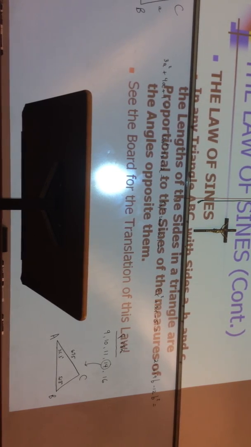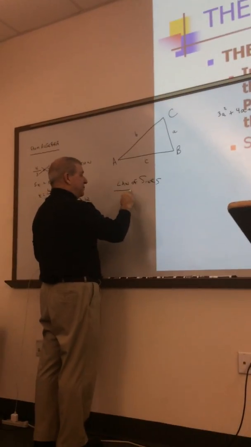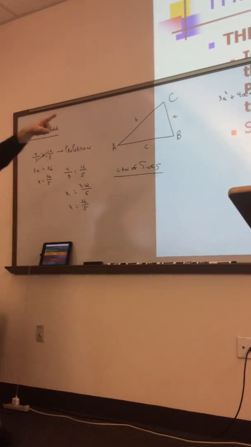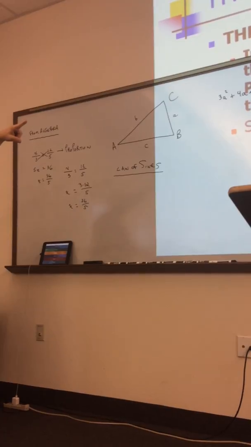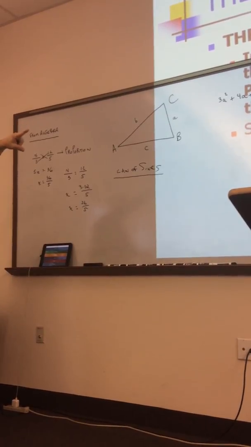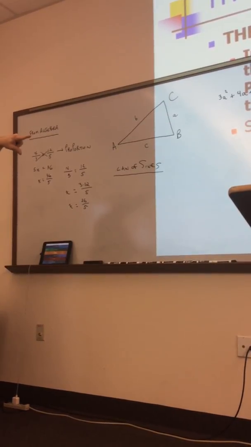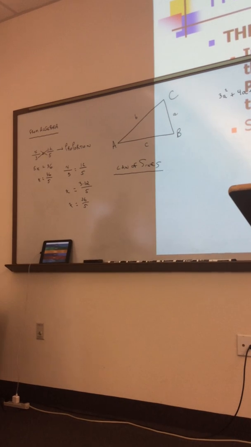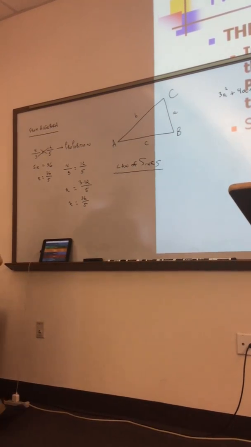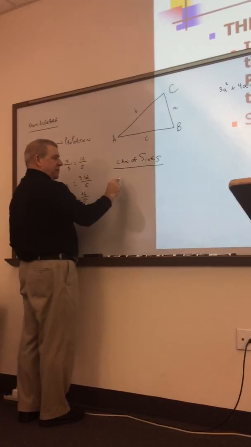This is the law of sines. This really isn't that hard. Watch this. Look what it says again. In any triangle, the lengths of the sides are proportional to the sines of the measures of the angle opposite them. So watch this.